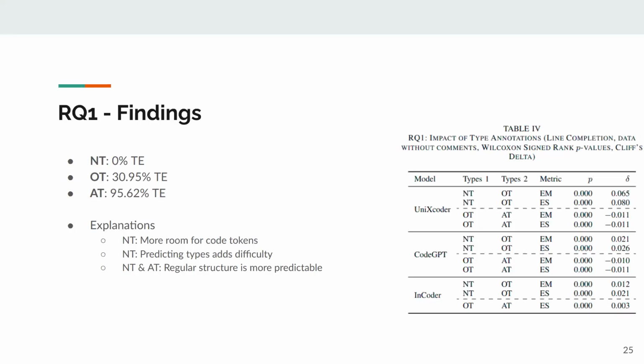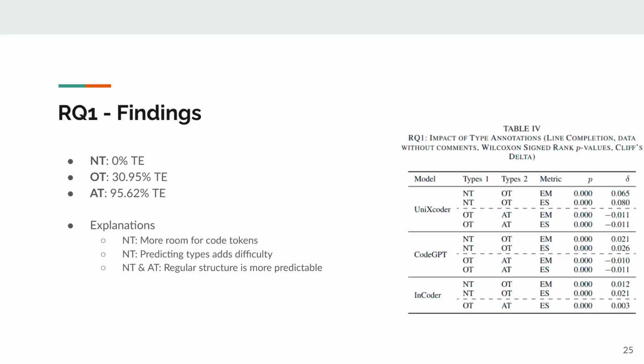And additionally, as was slightly discussed earlier, if you have these models predict types, you add a small bit of extra difficulty for these models because, well, they have to get the source code token right as well as the type annotation.